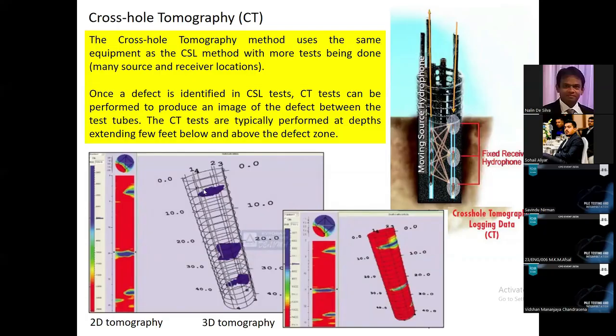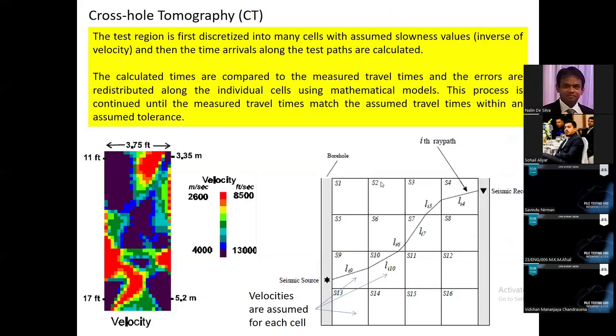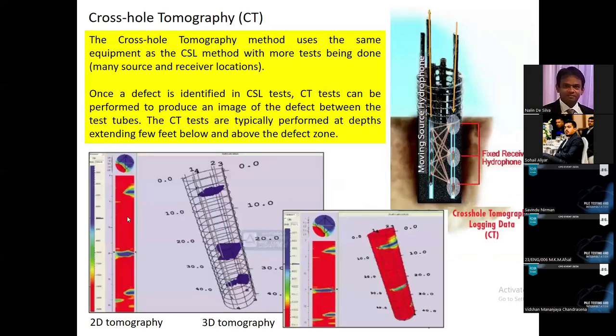You need to drill holes up to the defect and grout the defect, seal the defect, right? So for doing that, you need to first identify the extent of the defect. The concept is very simple.